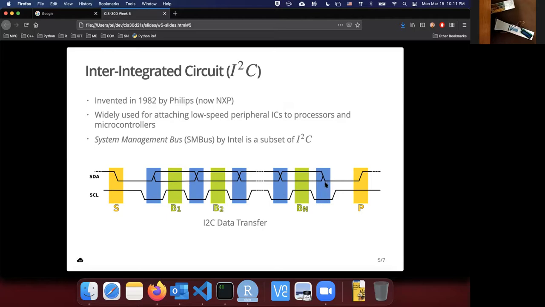So they're both at 0, and then the clock pulls up to 1, and the data line pulls up to 1 as well, and that is the final stopping signal. So we start and then we stop. This is one transaction of sending n bits of data. This is kind of at a little bit lower level. This is how it works.